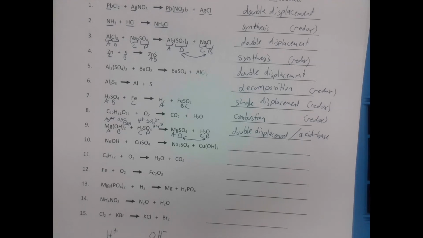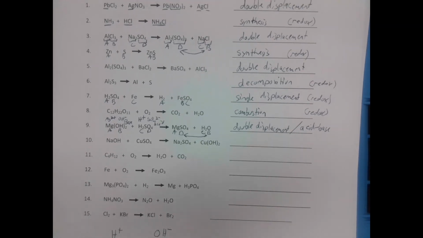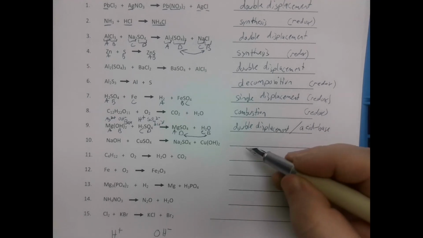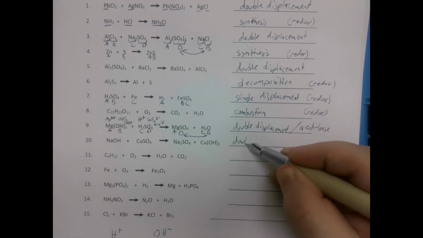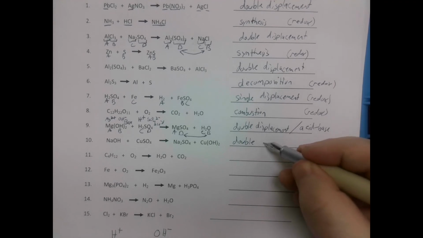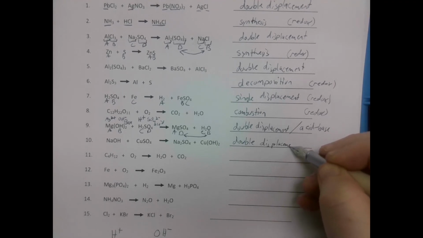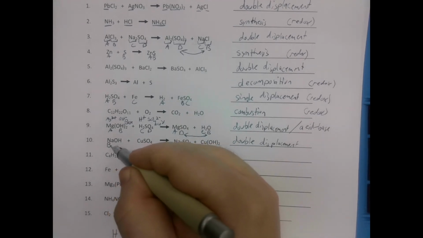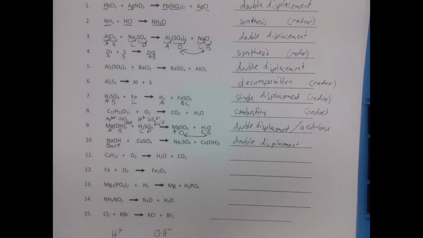What would 10 be? Yes. Be very careful. By the end of this unit, the next unit, and the unit after it, you're going to realize that this is a super, super, super common base.